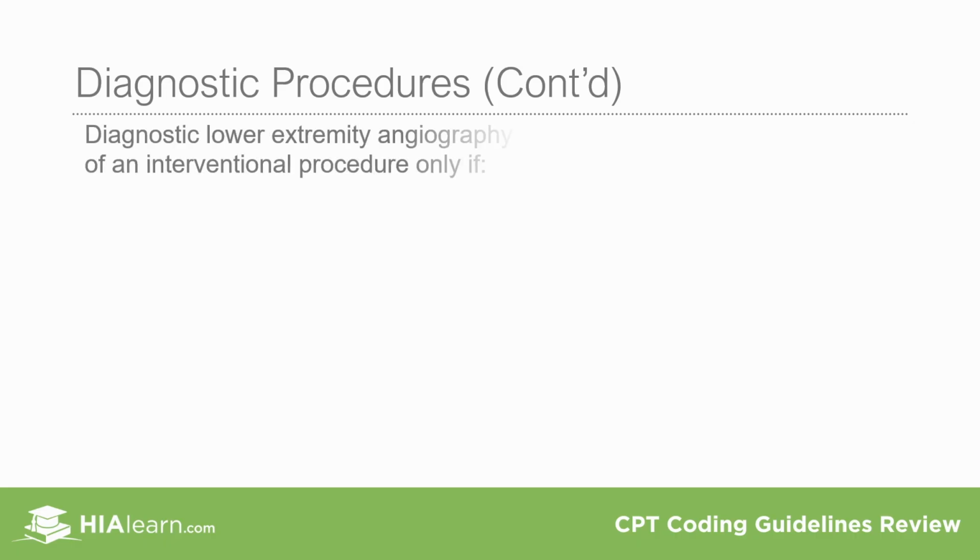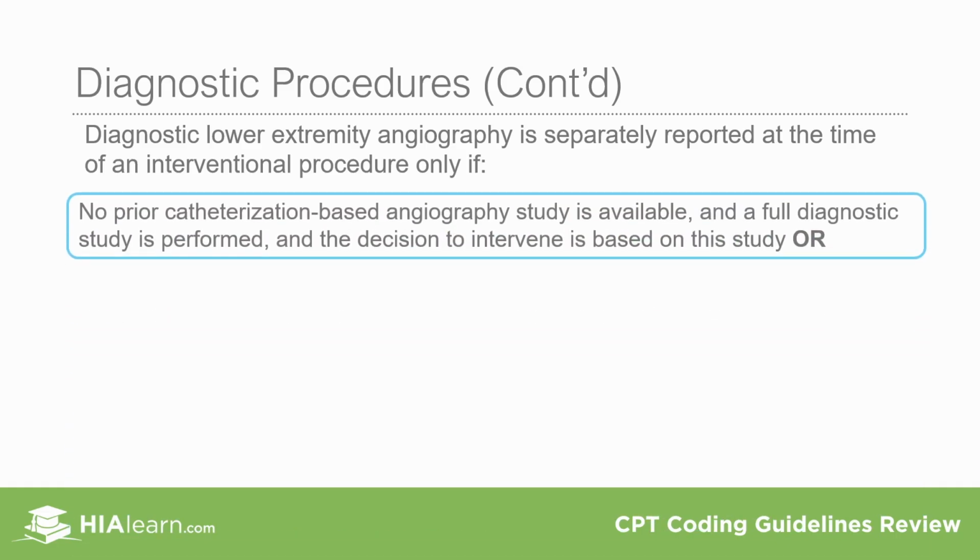Diagnostic lower extremity angiography is separately reportable in addition to interventional procedures only under certain circumstances. These include when no prior catheterization-based angiography study is available, a full diagnostic study is performed, and the decision to intervene is based on this study.